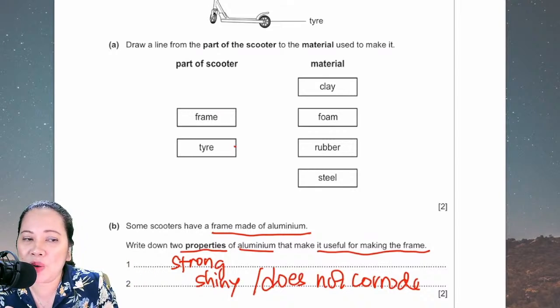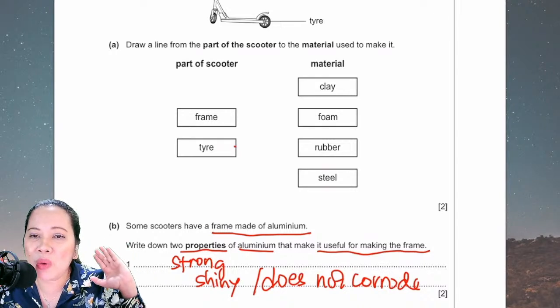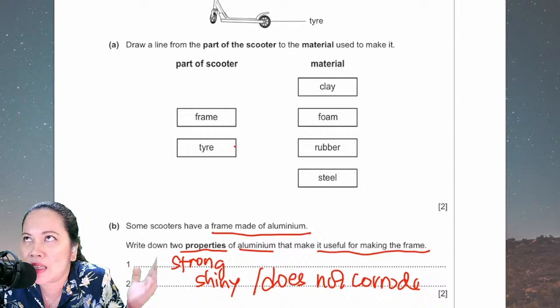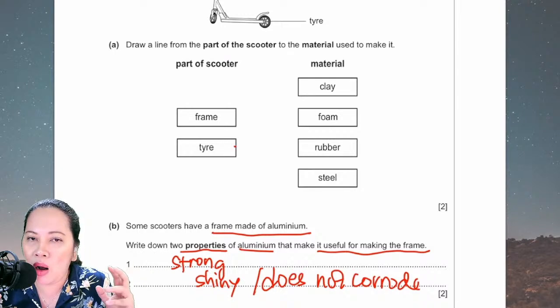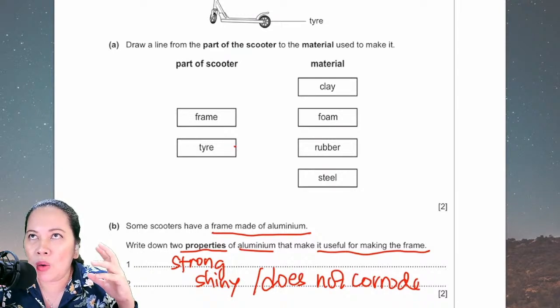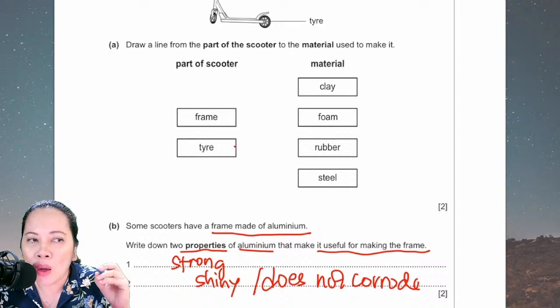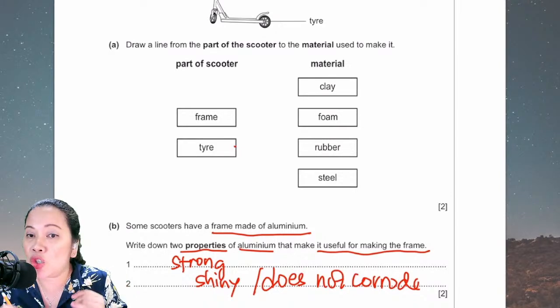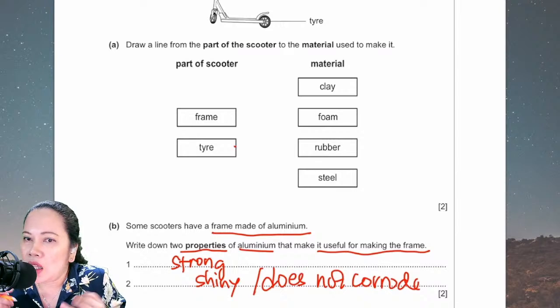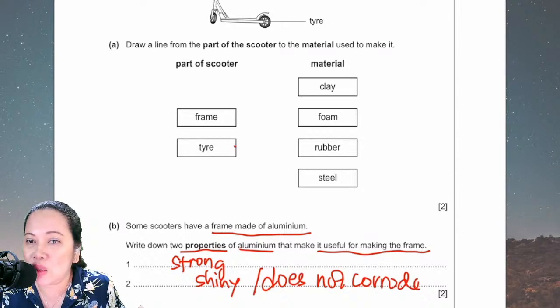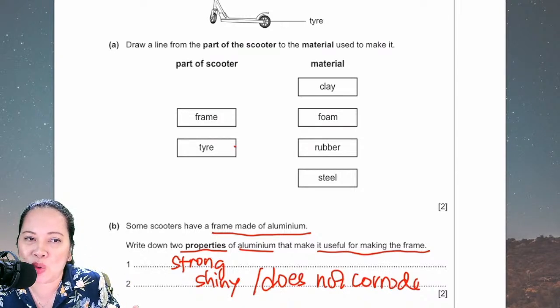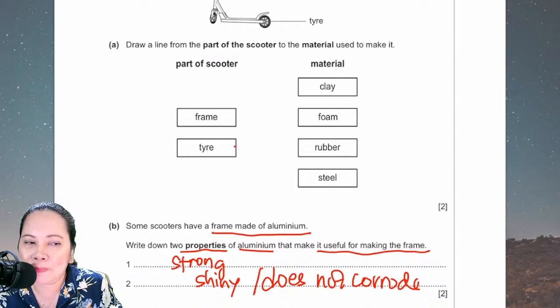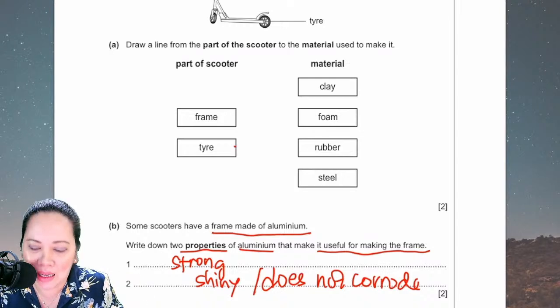Aluminum does not corrode. You see, even without knowing what aluminum is, based on your idea, I need to make a frame. What my frame needs to be: it should be strong, it should be shiny, it should not corrode too fast because it's always exposed to air and sun, and it has to be light.